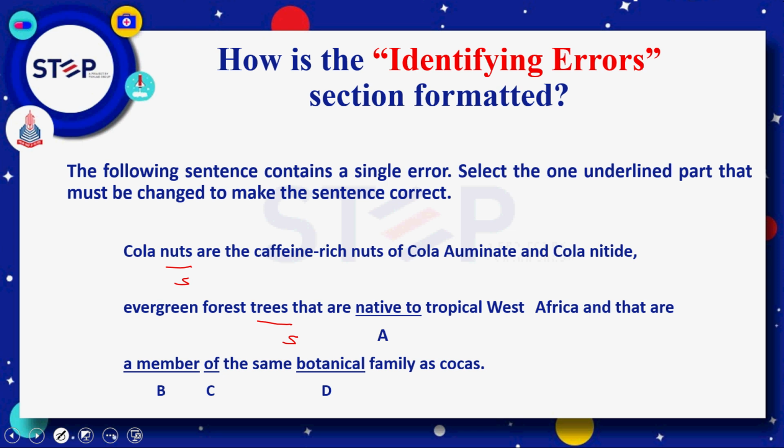So we have to be cautious that if we are carrying a singular subject, we are supposed to take every verb or every other aspect in the singular, and if we are carrying a plural subject, we are supposed to carry the plurality. So the subject is plural over here. The trees, they cannot be a member, they're supposed to be members of the same botanical family as cocoa. So over here B is the correct answer.